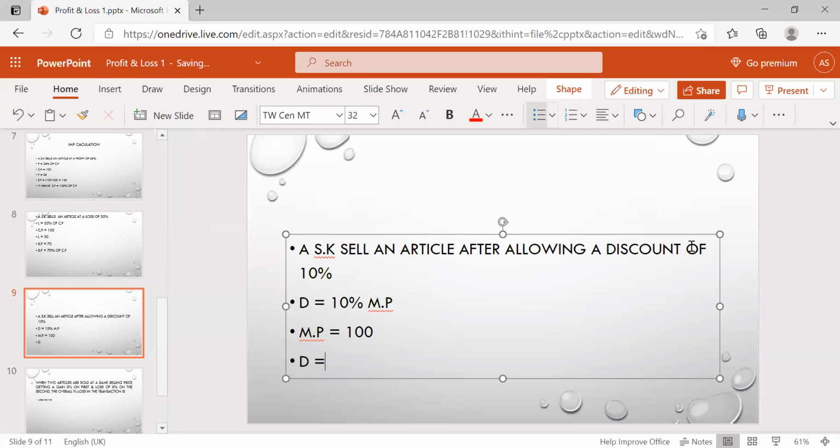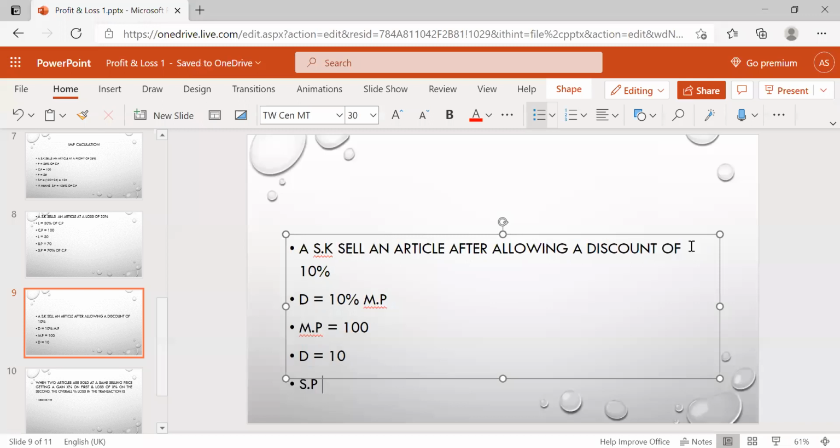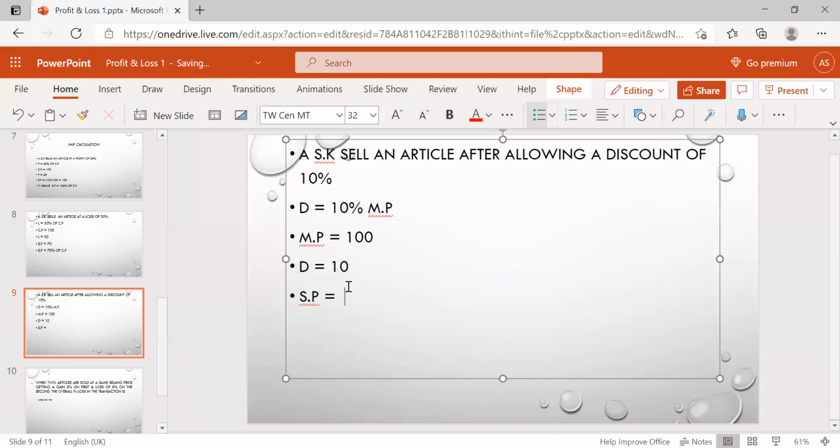So D equals 10, and the selling price is 90. The mark price they keep as the tag is 100 rupees, and they offer a 10% discount. Then they give that item for 90 rupees.